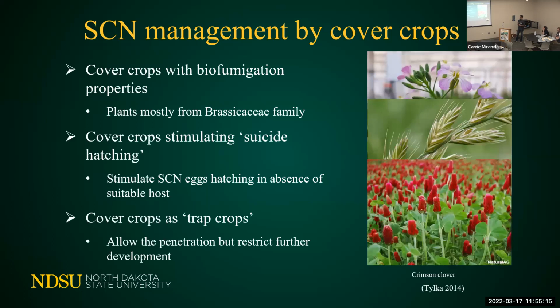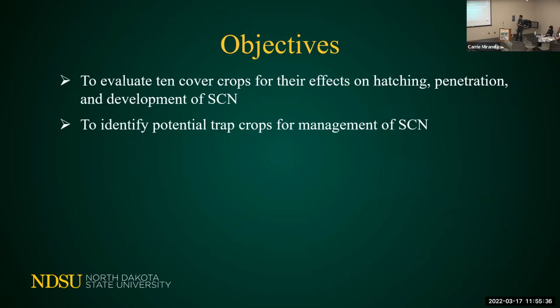And the last group is trap crops. These crops enhance the hatching of SCN and allow penetration of their roots by soybean cyst nematode juveniles, but they do not allow the complete development of SCN inside their roots. So they trap the juveniles inside their roots without allowing them to develop further. Our objective was to evaluate 10 cover crops for their effect on hatching, penetration, and development of SCN, and also to find an effective trap crop from our entries.